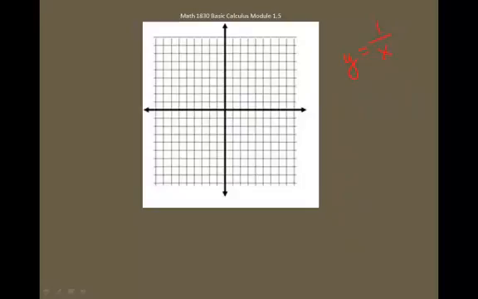In this example, y equals 1 over x, we're going to get a good example of a vertical asymptote. Notice that x cannot be equal to 0 because that would cause the denominator to be equal to 0. And also notice that x is not a common factor in the numerator. So therefore, we're dealing with a vertical asymptote.